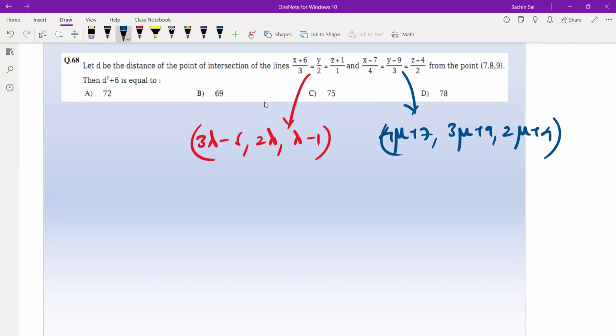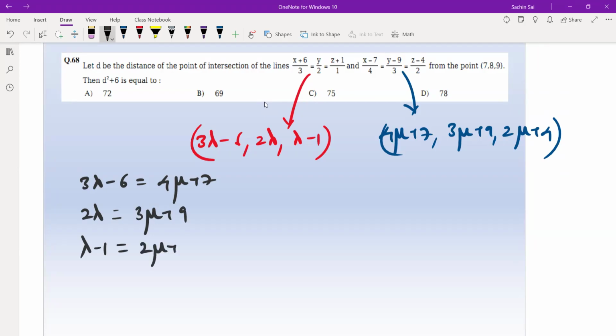Now for some value of lambda and some value of mu, both these points must coincide. Then only there will be a point of intersection. So that means for some value of lambda and mu, 3 lambda minus 6 should be equal to 4 mu plus 7, 2 lambda must be equal to 3 mu plus 9, and at the same time, lambda minus 1 equals 2 mu plus 4. Right?